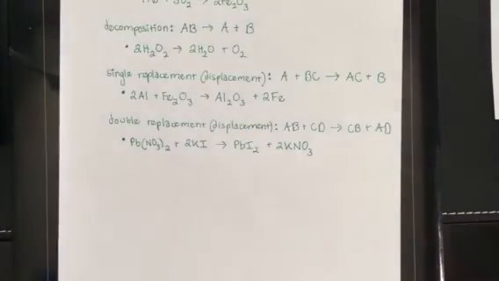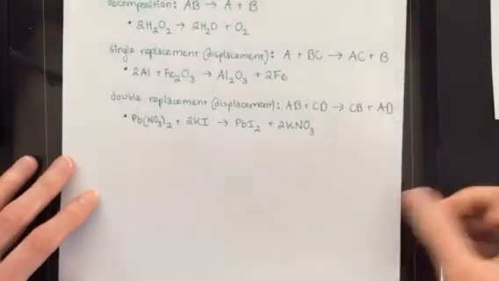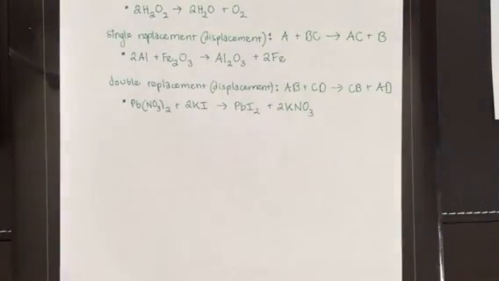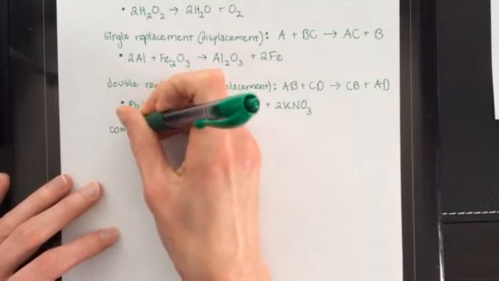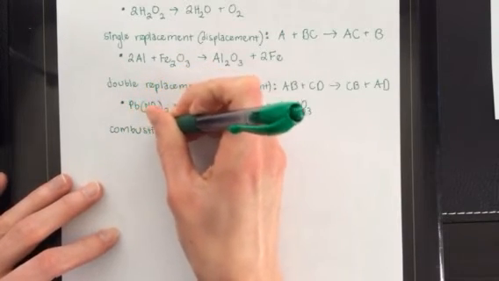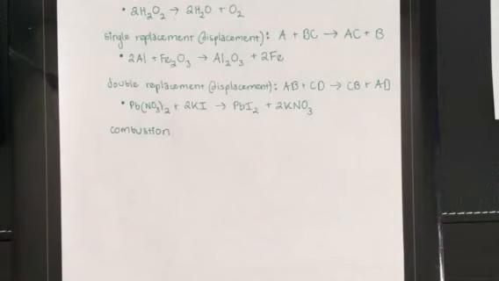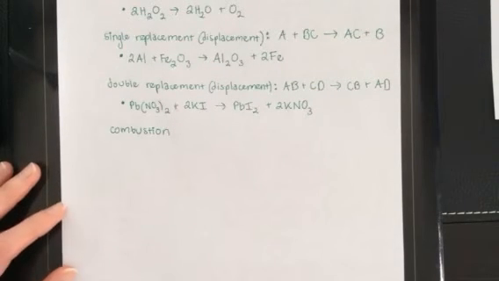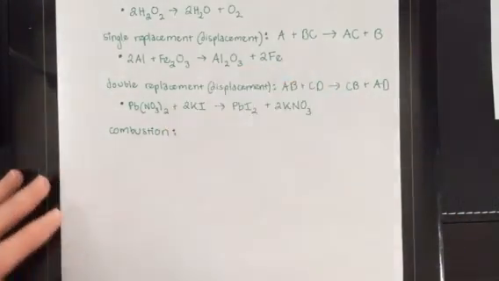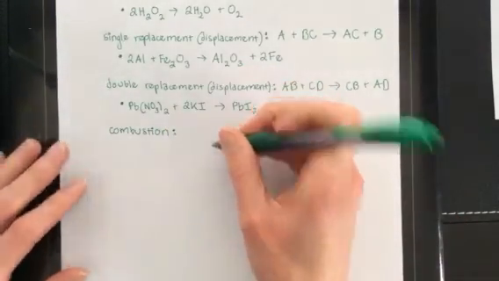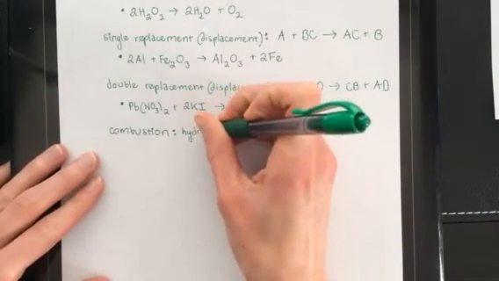Okay, last one is one that is very familiar to us, and it is combustion. So this is just burning something. I'm not going to give you, well, actually I will give you a general formula for this one. So with combustion, you're generally going to have a hydrocarbon.